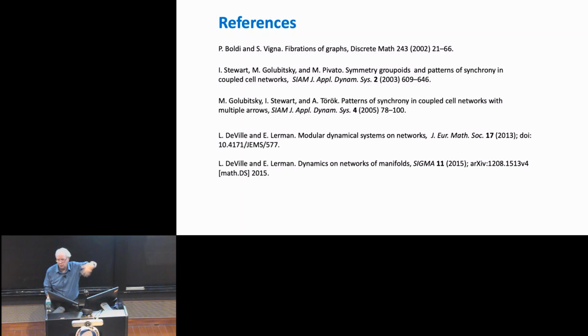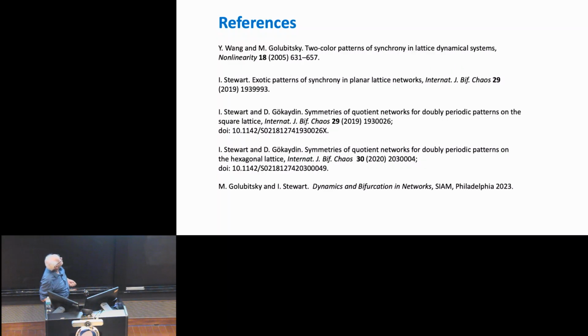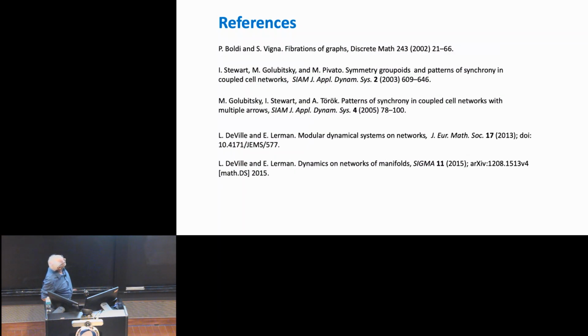And you can describe the whole topic in that language. So I wanted to acknowledge the work. So the top two first paper is the one that classifies the two color patterns, and the next ones are what I was talking about just now, and then this is other related work. Okay, thank you.